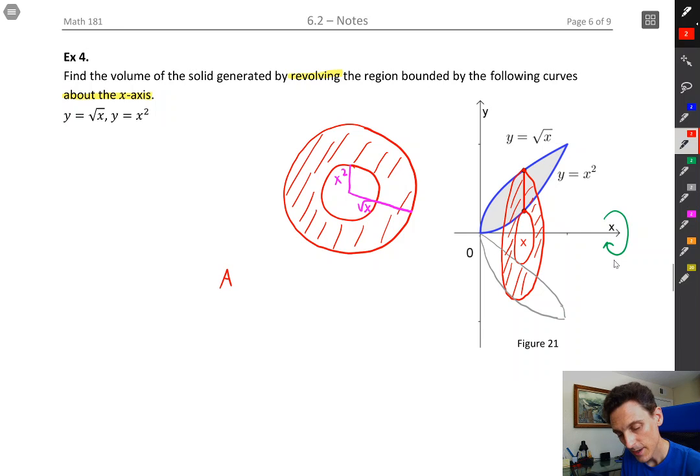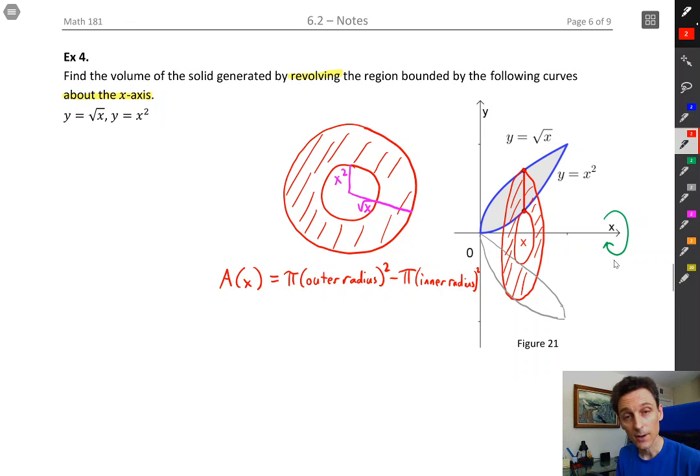Now, to find the area of the washer, we'll take the area of the outer circle, which will be pi times the outer radius squared, minus pi times the inner radius squared. So that's the area of the inner circle.